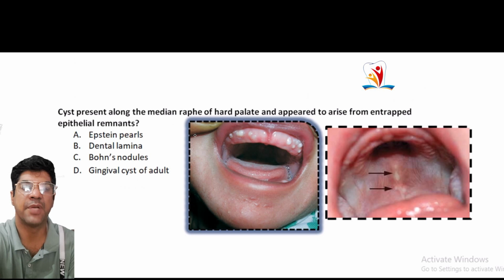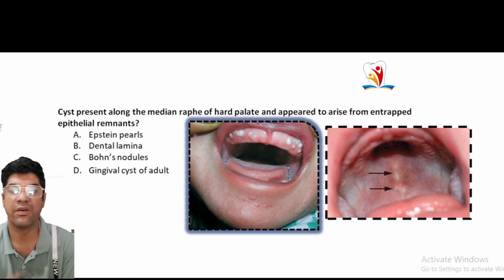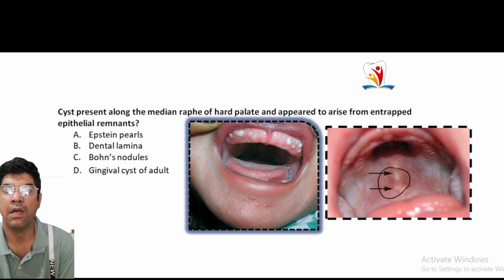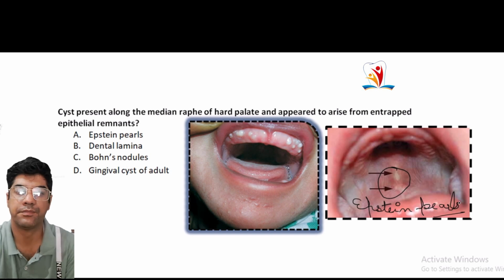The cyst that is present on the median raphe of the hard palate and appears to arise from entrapped epithelial remnants is the Epstein pearl cyst.